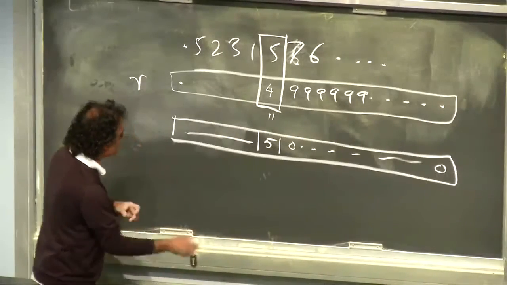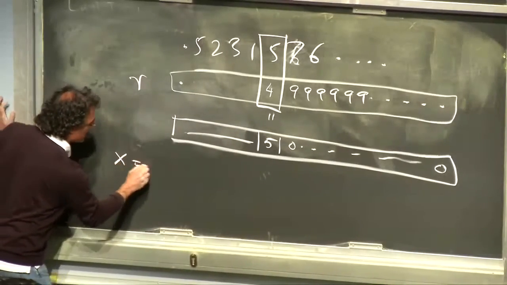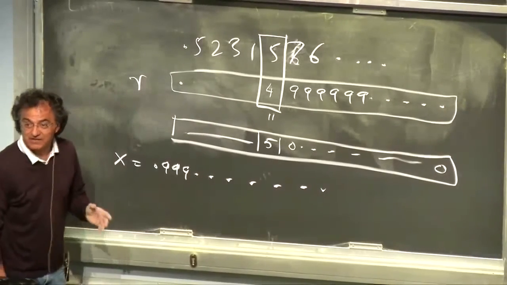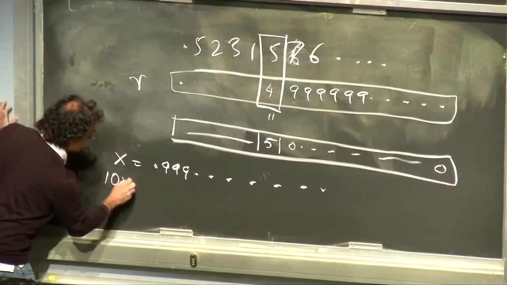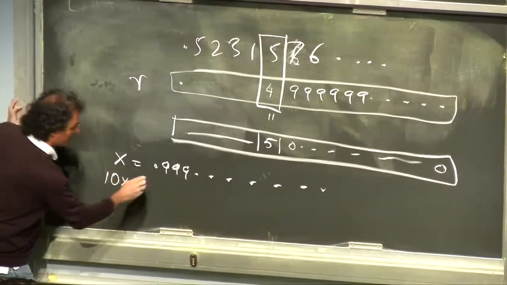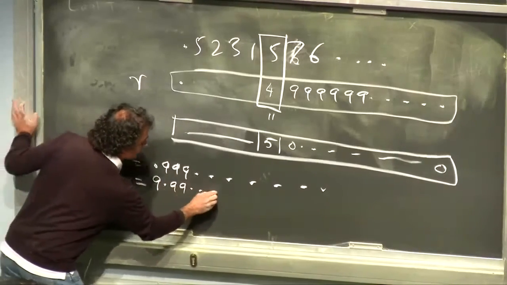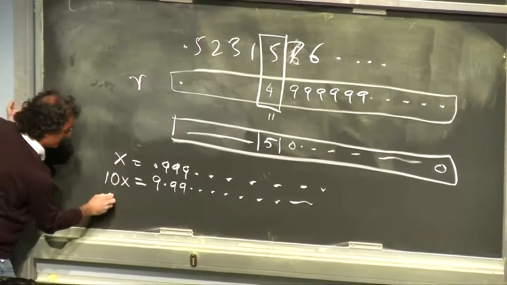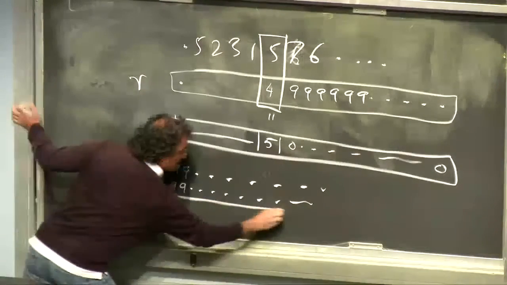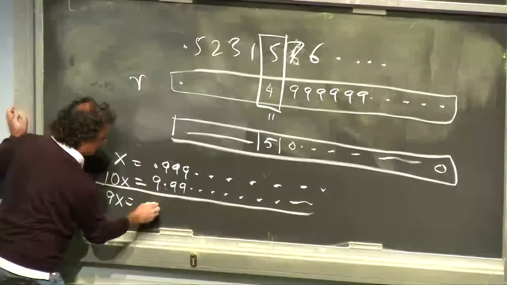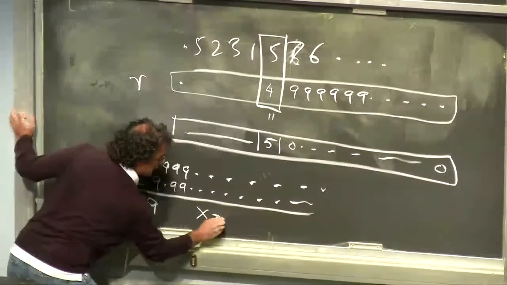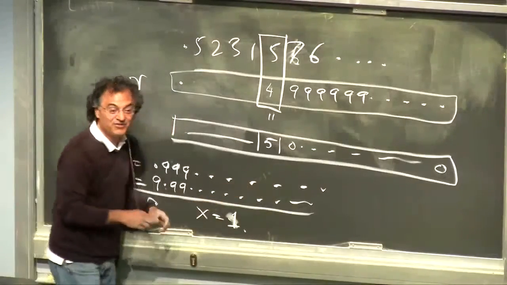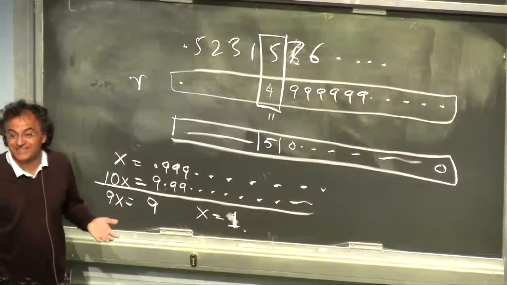So let x equal 0.999... Now, what's 10x? Equal to 9.99... Subtract. So you get 9x equal to, this minus this is 9. So x equals 1. So 0.999..., if you keep going, it's the same as 1.